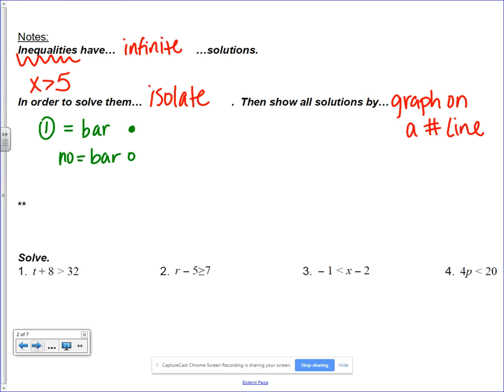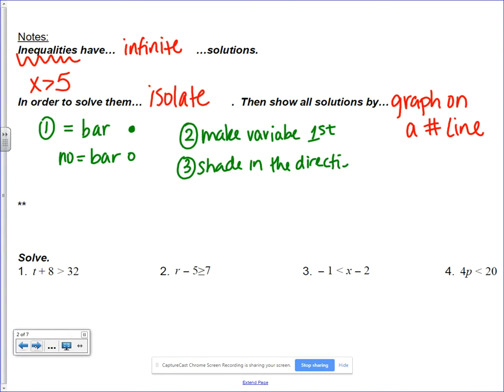The open circle, if there's no equals bar, means you cannot include that number. You want to make the variable come first. And I'll show you how to do that here in a couple examples. And then you will shade in the direction of the arrow. So those are some steps for your number line.